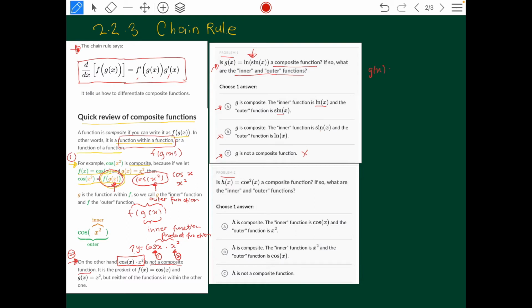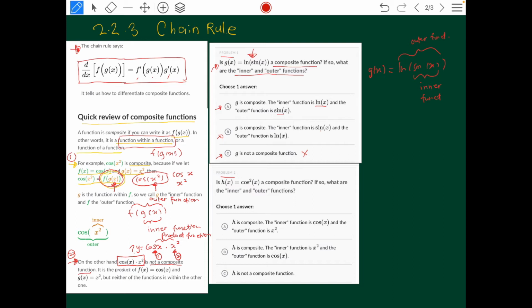So if you write down g(x) = ln sin x, I bet you can extract which one is the inner function and which one is the outer function. If you look closely, sin x is actually the inner function, whereas ln is the outer function.